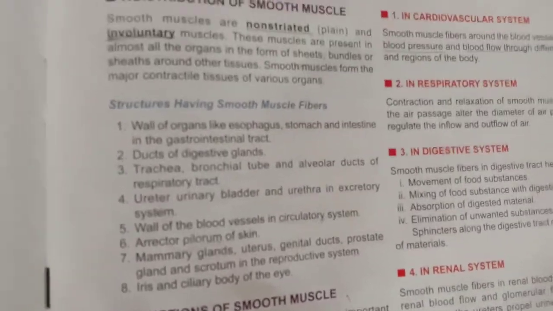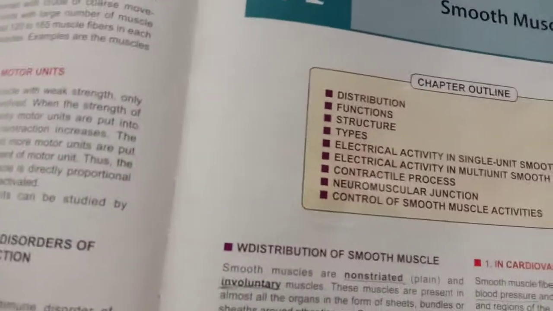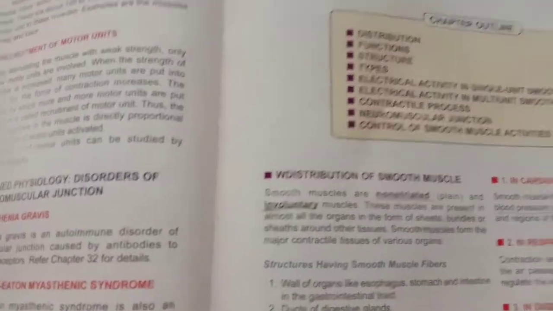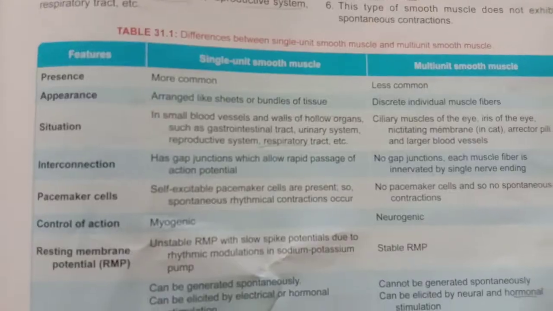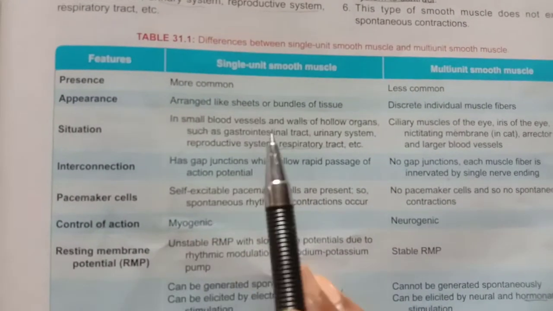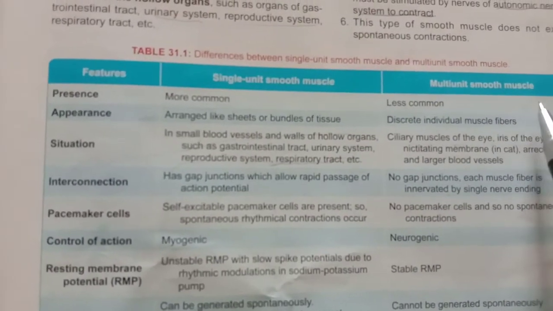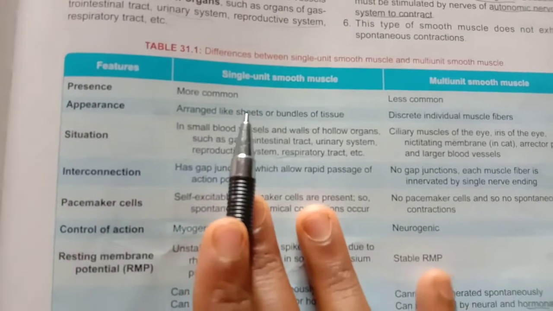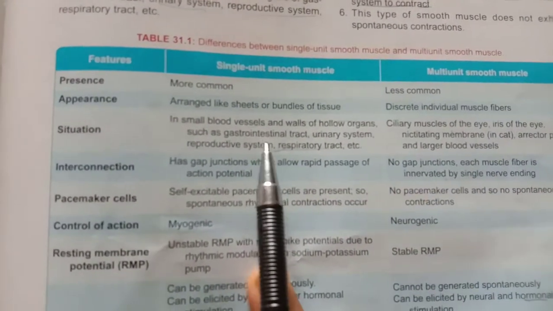Now we know that smooth muscle is of two types: single unit smooth muscle and multi unit smooth muscle. I will show you the box. This is the single unit smooth muscle and this is the multi unit smooth muscle. Now we will learn the differences between them.